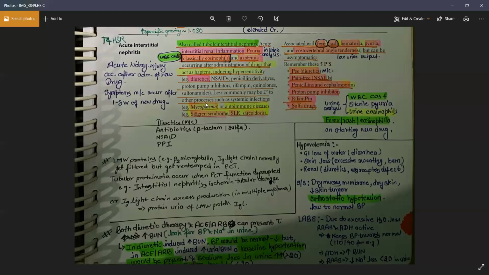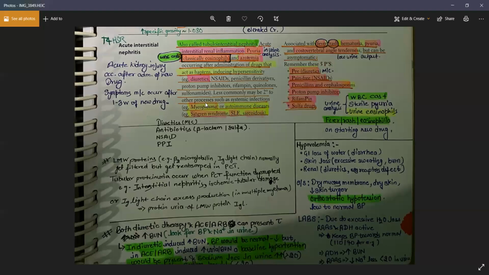So tubular proteinuria can occur whenever the PCT function is disrupted, because these proteins are generally filtered and need to be absorbed in the PCT. If the PCT becomes dysfunctional, for example in Fanconi syndrome, then you can have a loss of all these smaller proteins in the urine also.